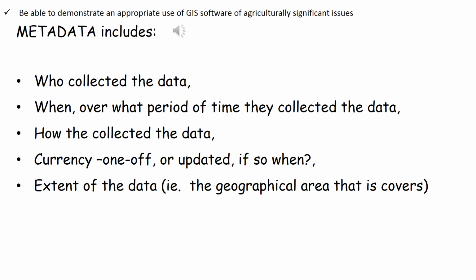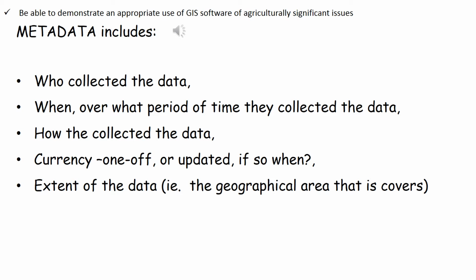Some data collection takes many, many years. Others might be a short-term survey. The metadata might detail how the data was collected and also the maintenance of the data. Is the data current for a short period of time, and therefore the data set is not going to be continually maintained or updated?